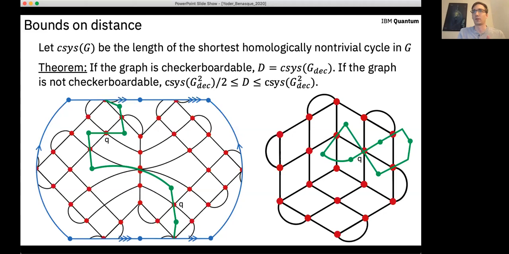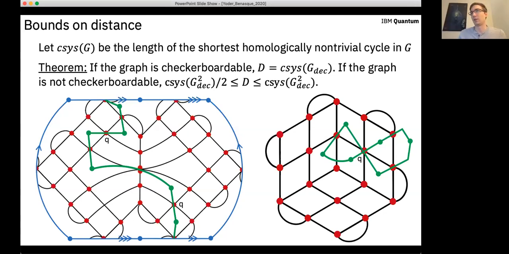And its distance is, I want to get this direction correct. Its distance should be at least as good as the distance of the code you started with. So in terms of n equals k d squared, it's going to have the same, if not better, constant than the non-checkerboardable code.